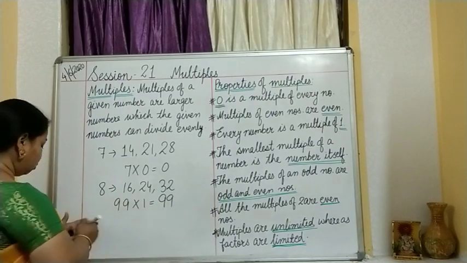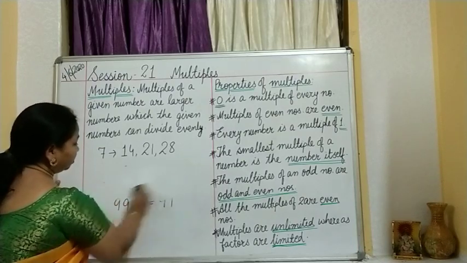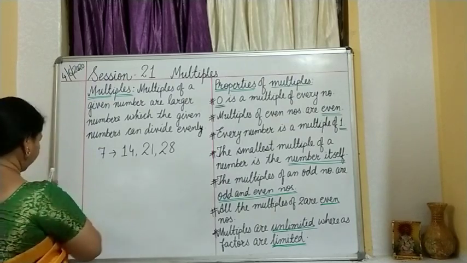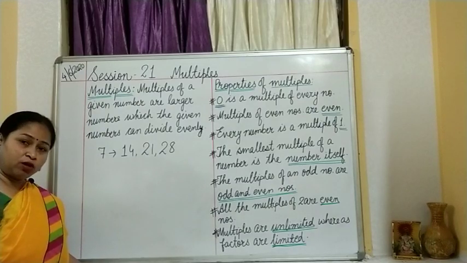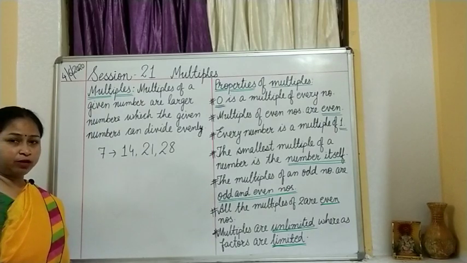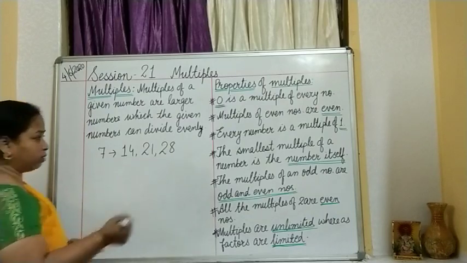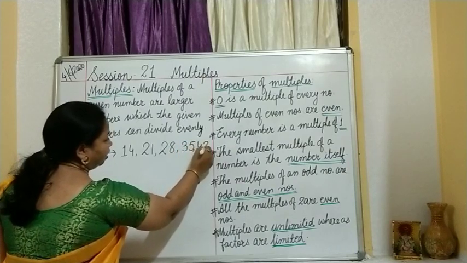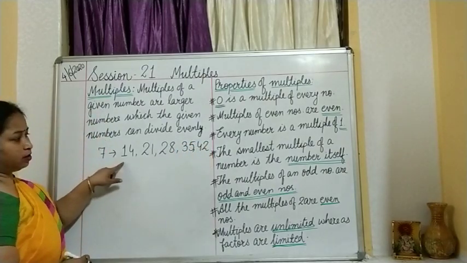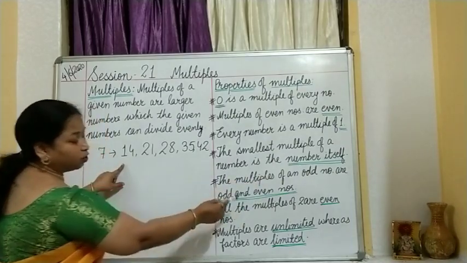Then the multiples of an odd number are odd and even. Here I have just now shown you the table of 7, and I have told you 7 is an odd number. Why is it an odd number? Because it is not divisible by 2. Look at the multiples of this. Now children, the property says the multiples of an odd number are odd and even numbers.